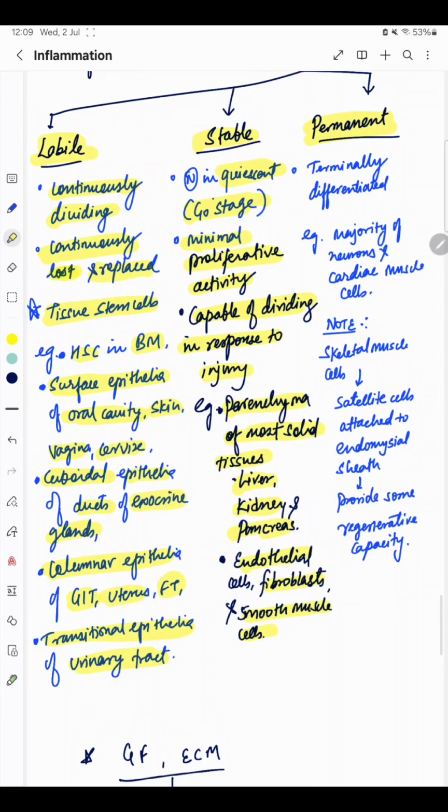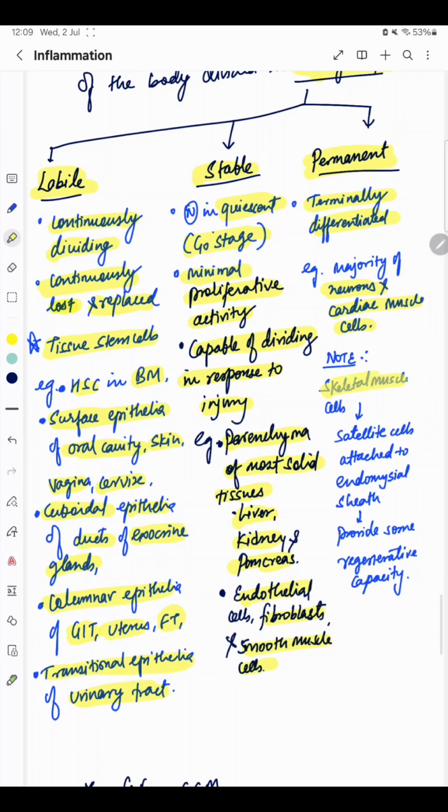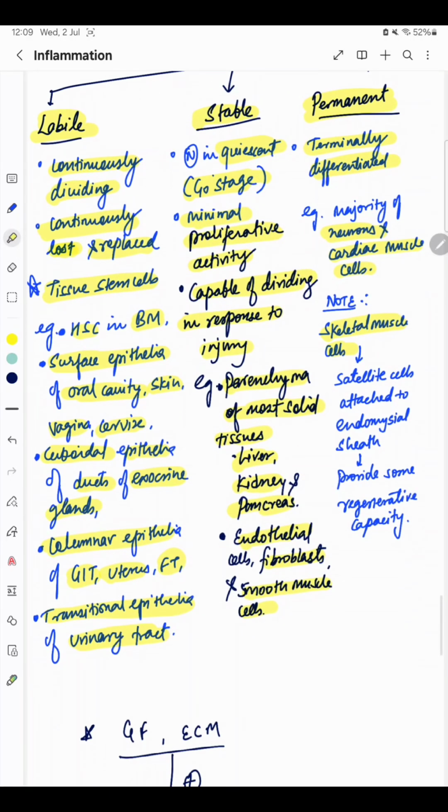Now the third group is permanent tissue. They are usually terminally differentiated and do not have the ability to divide further. Examples of permanent tissue are majority of the neurons, cardiac muscle cells, and skeletal muscle cells. Although satellite cells attached to the endomysial sheath in skeletal muscle provide some regenerative capacity to the skeletal muscle.